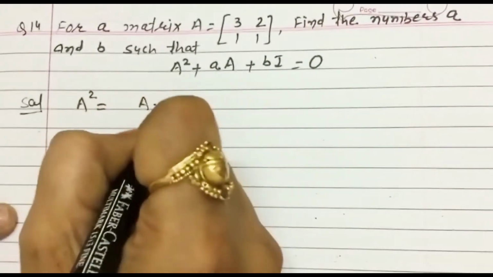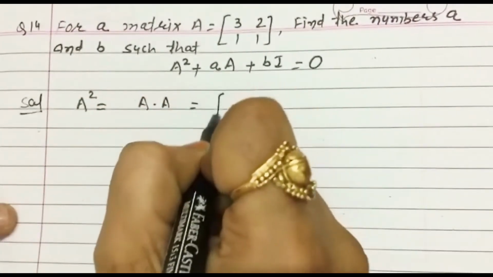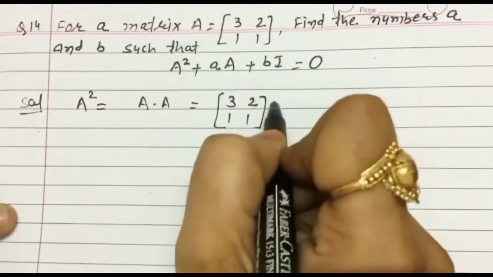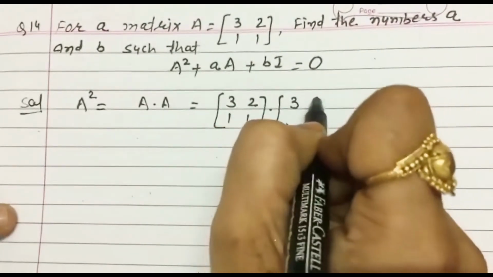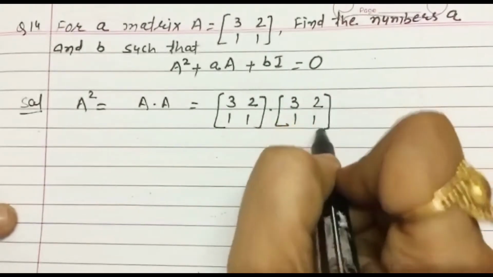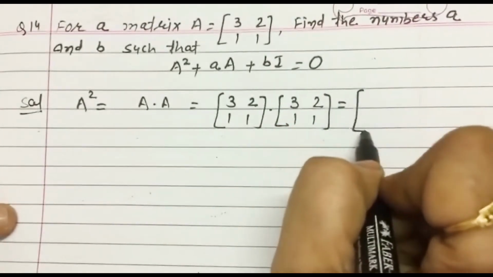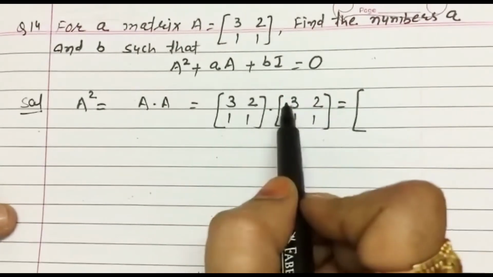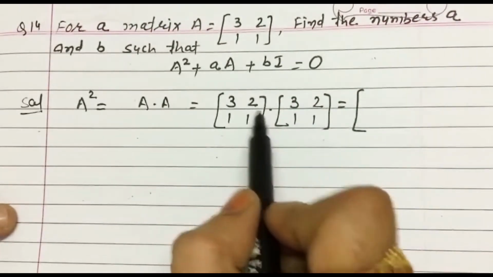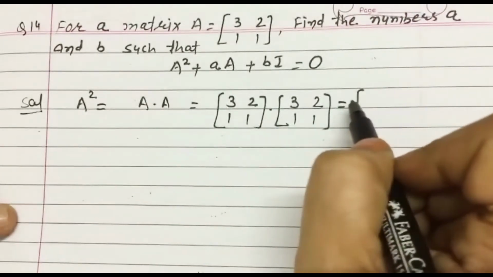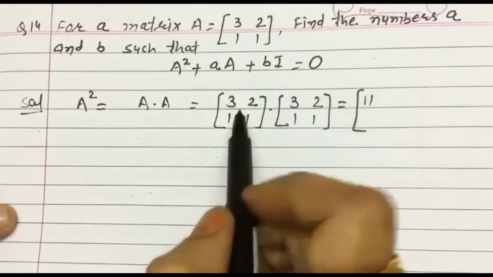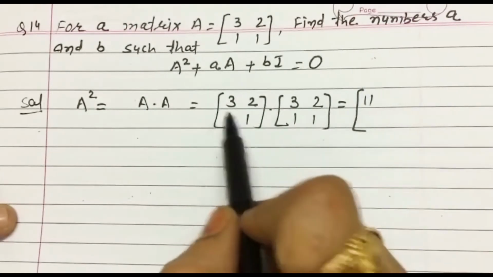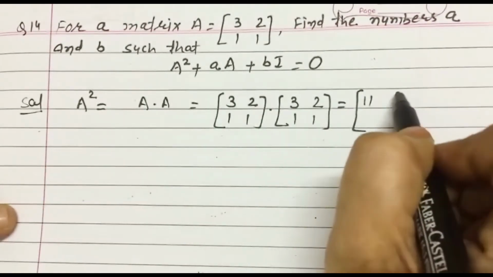A into A, where A is given 3, 2, 1, 1, multiplied with the same 3, 2, 1 and 1.